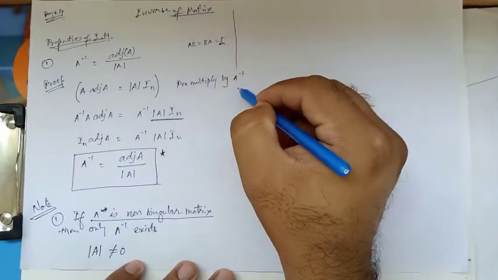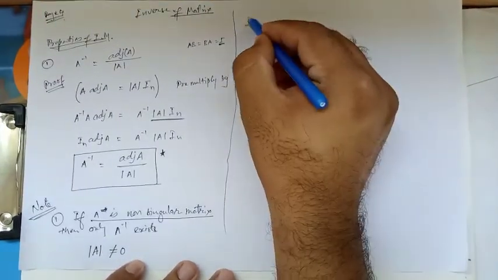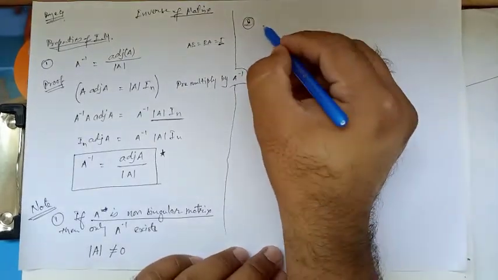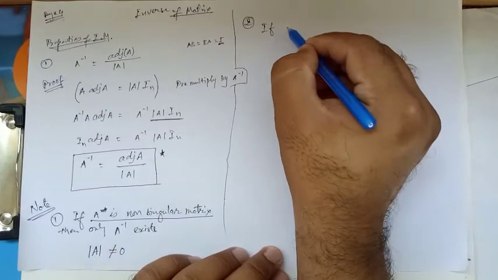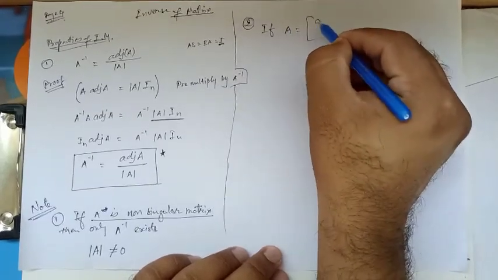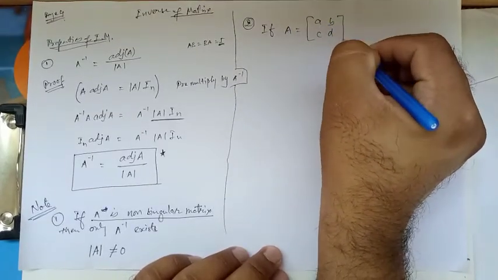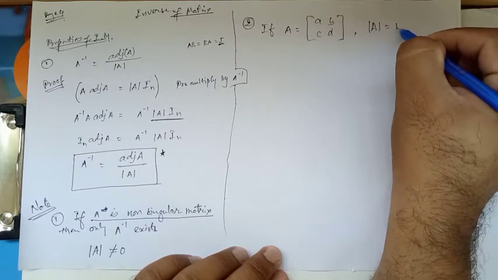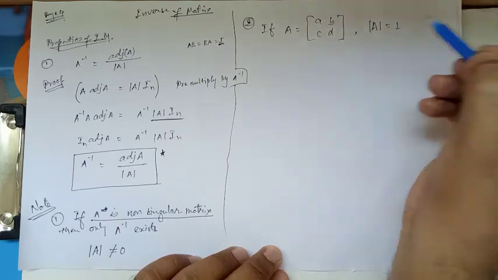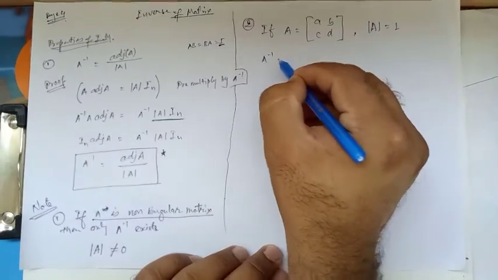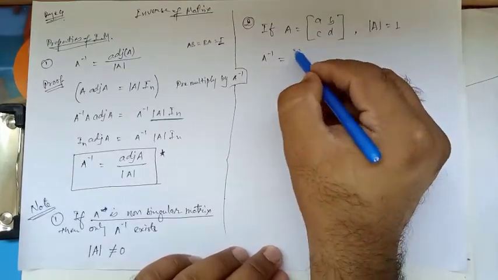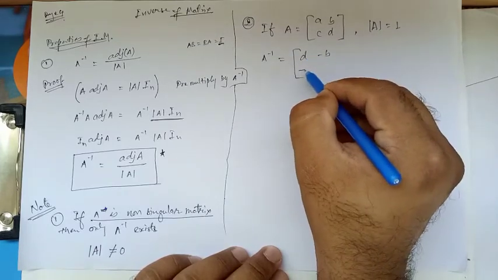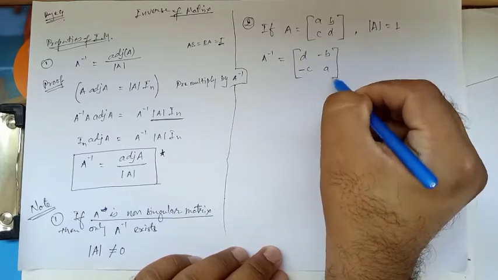Second point: let us consider A is given as A, B, C, D, and the determinant of A is equal to 1. Then A inverse can be said as D, minus B, minus C and A. What is it?